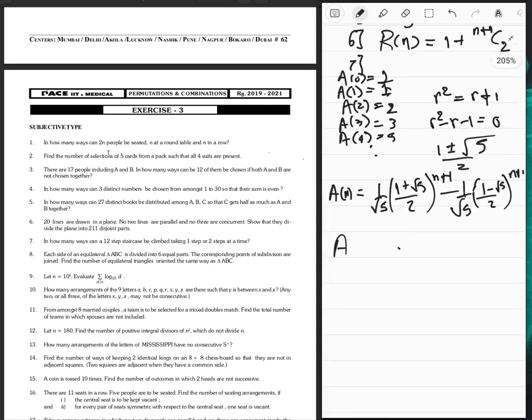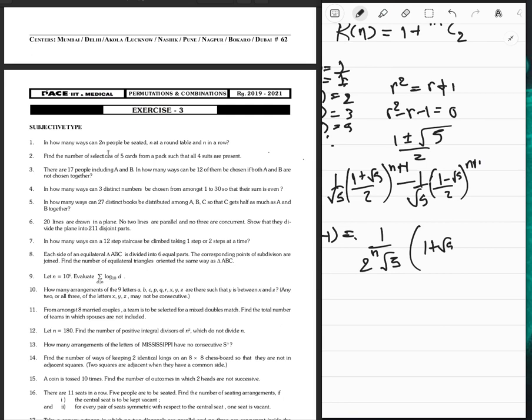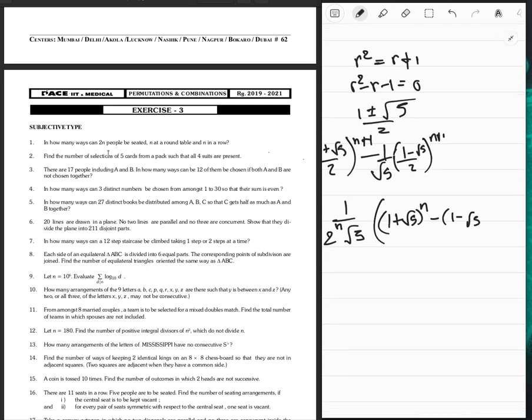Okay, so a_{n-1} is going to be 1 upon square root of 5 times, actually, take that 2 power n over here as well. So this is the thing, and this times (1 plus square root of 5) to the power of n minus (1 minus square root of 5) to the power of n.